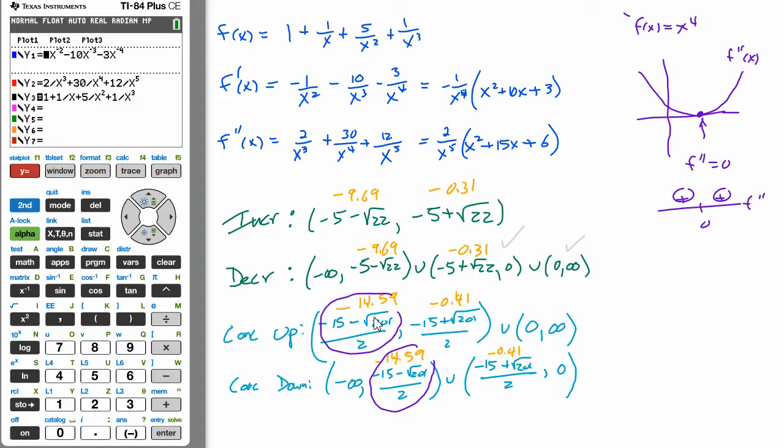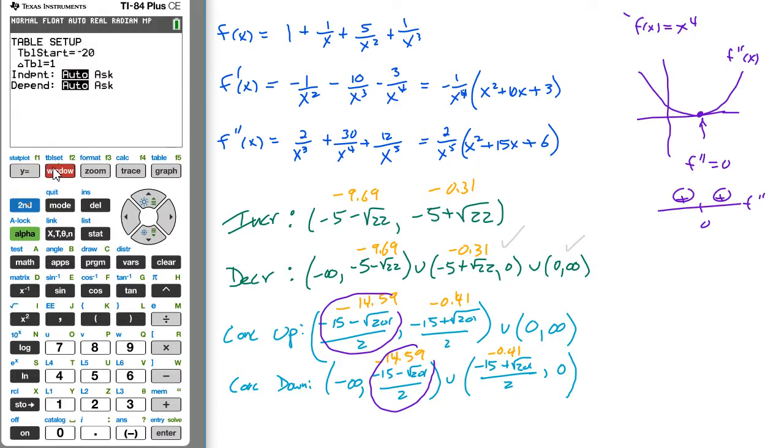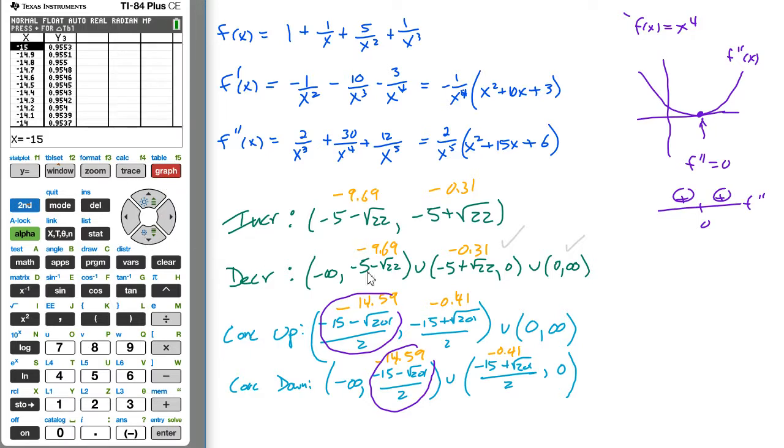So let's just remind ourselves, if I go to table set, I'm going to look right around negative 15 as my starting value, just to remind ourselves what we did, and make my delta table 0.1. So I'm just proving that that's an inflection point, and then I want to make a table. So notice at negative 14.6 roughly, we're transitioning.